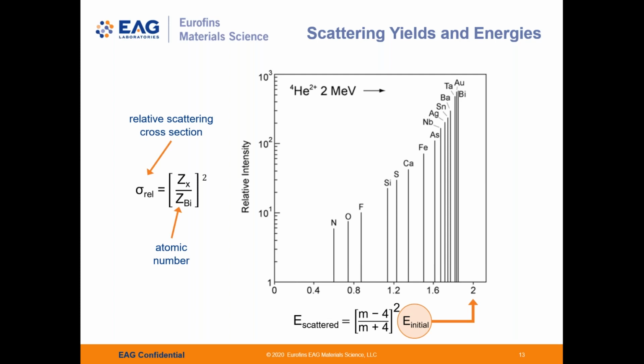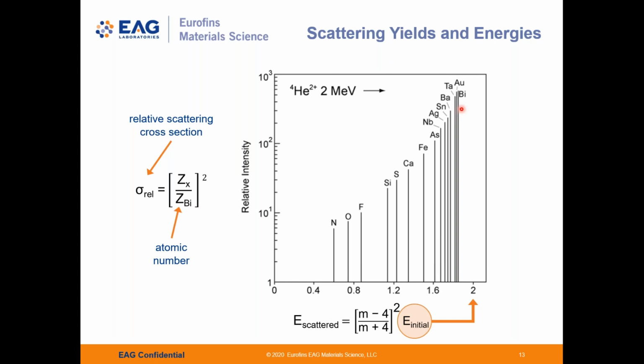The horizontal axis is the backscattered particle energy, and the vertical axis is the number of counts or intensity of the signal at that energy. To reiterate, all atoms in this plot are assumed to be at the surface of the sample before we hit them with the ions.